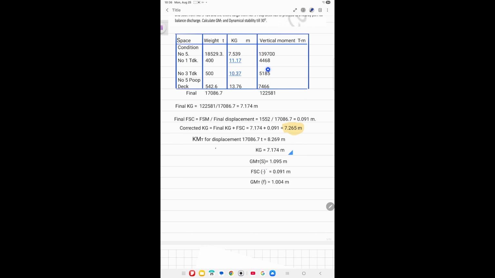Similarly here, because cargo was discharged, their vertical moments will be subtracted from the original vertical moment. 139700 was the original vertical moment, minus 4468, minus 5185 and minus 7466, because all these three cargoes were discharged. And I get the final vertical moment 122581. Final KG will be final moment upon final displacement, 7.174 meters.